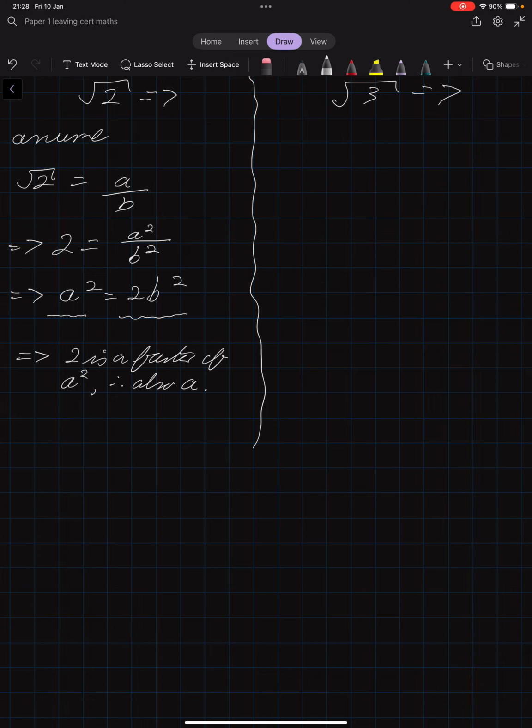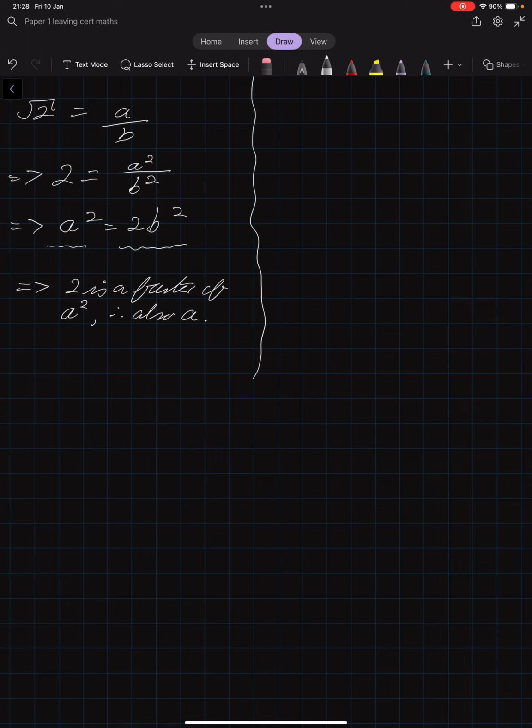Okay, now why can I say that? The reason I can say that is because, well, assume it's not. Again, we get b squared is going to be a squared over 2. b is an element of z, and therefore b squared is a whole number, and therefore this thing must be a whole number.